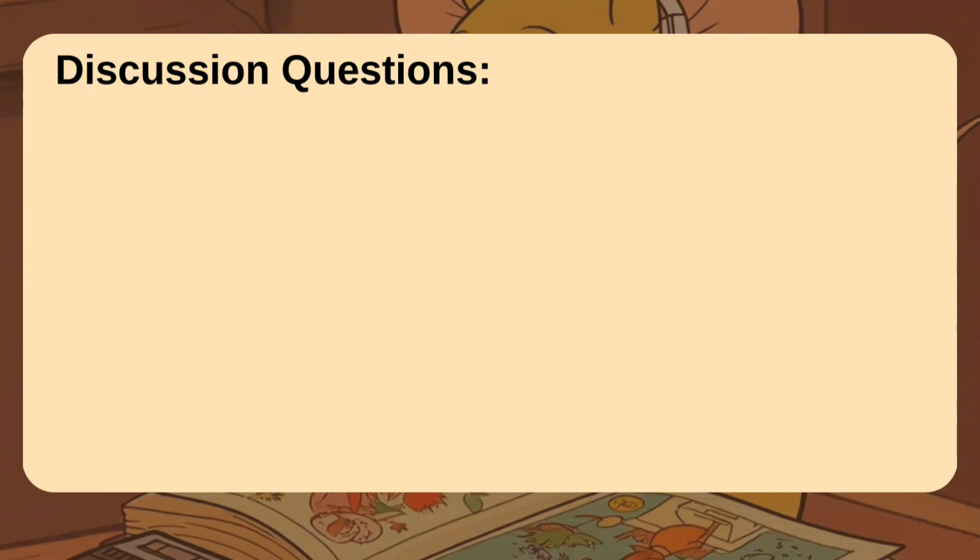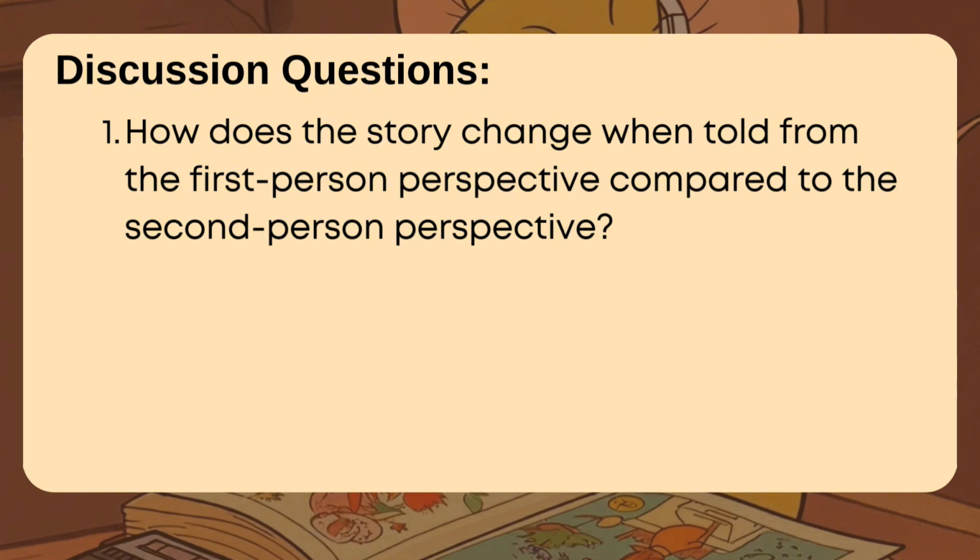So let's read and answer the discussion questions. Number 1. How does the story change when told from the first person perspective? Again, how does the story change when told from the first person perspective compared to the second person perspective? So the answer in this question is, in this version, the narrator would use I to describe Jenny's thoughts and feelings directly.